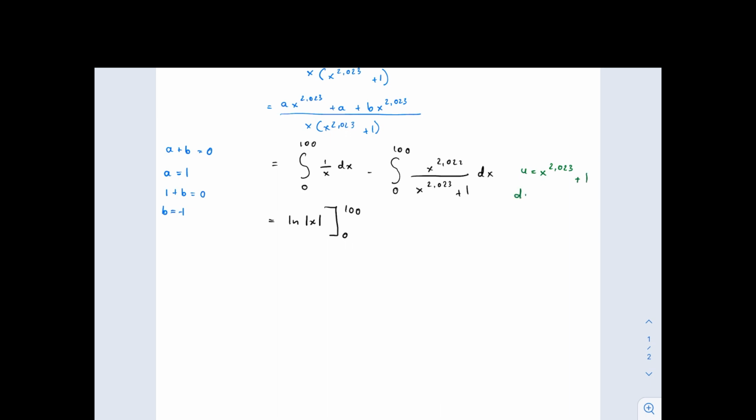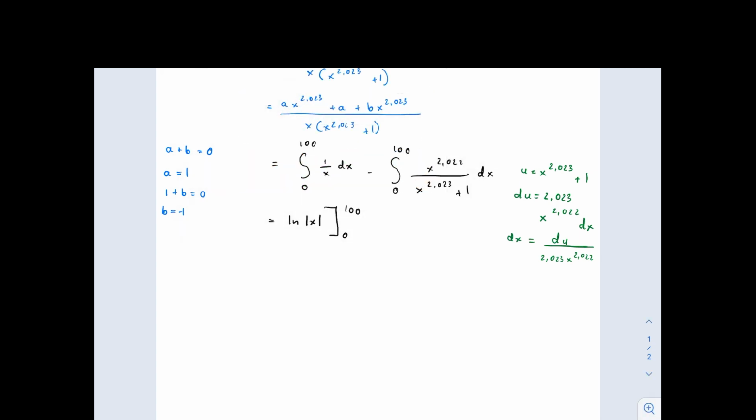And du is 2023 times x to the 2022 power dx. So we might want to write dx as du over 2023 x to the 2022.